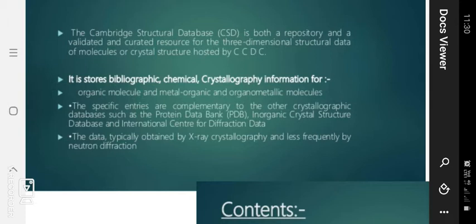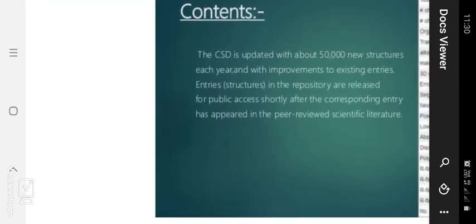The entries are complementary to other crystallographic databases such as the Protein Data Bank, PDB, the Inorganic Crystal Structure Database, and the International Centre for Diffraction Data. The data is typically obtained by X-ray crystallography, and less frequently by neutron diffraction.